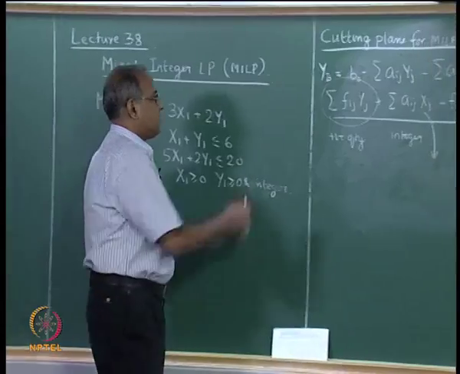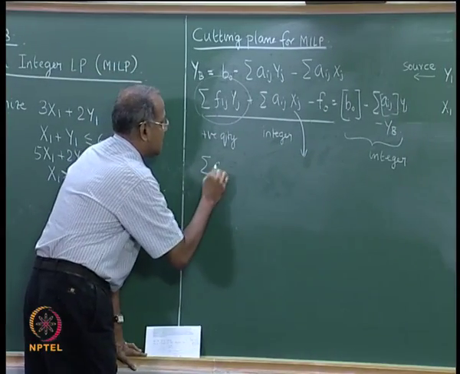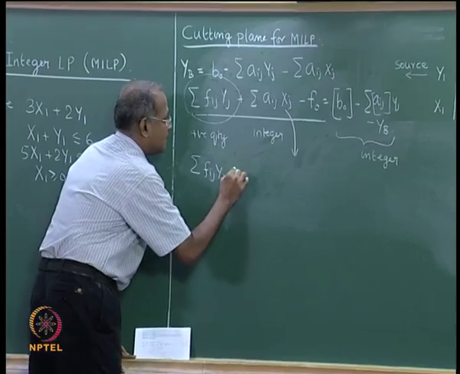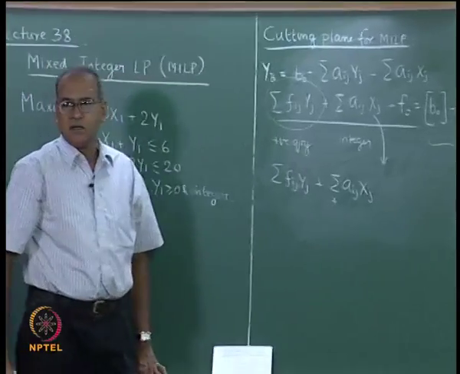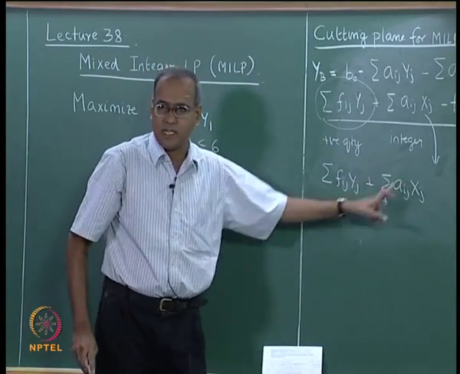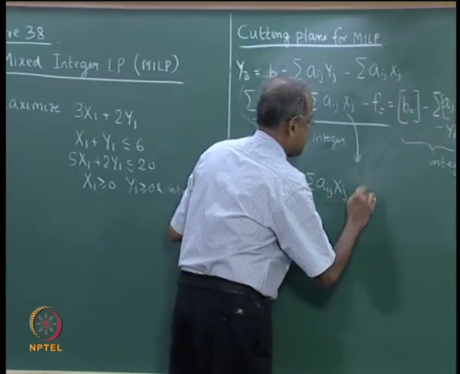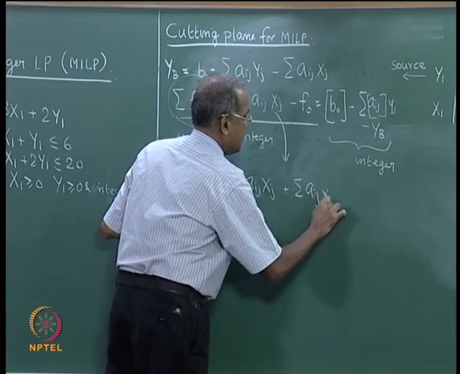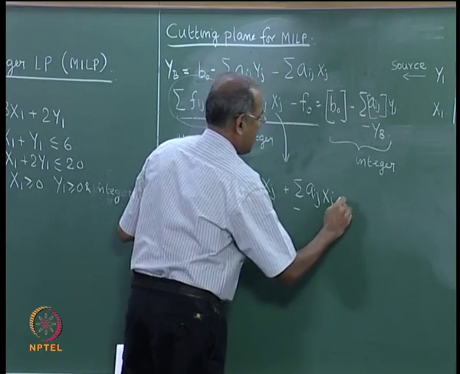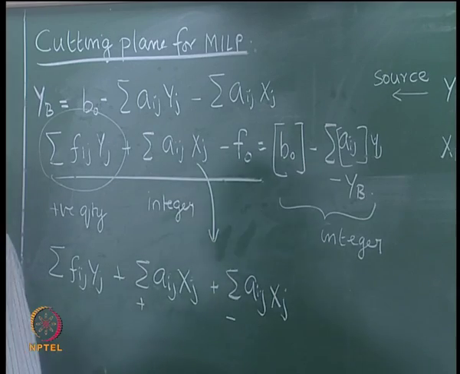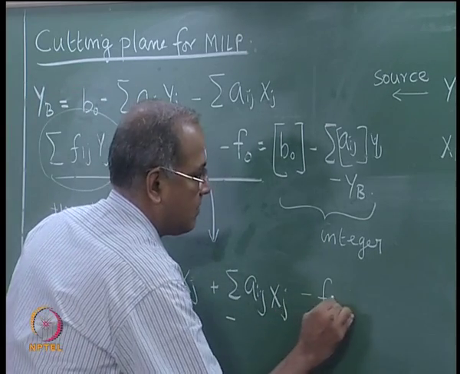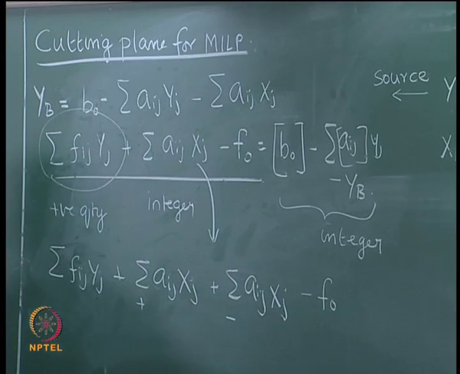So what we do now is we rewrite this as sigma Fij Yj plus sigma Aij Xj with a plus sign, indicating that these are positive Aij coefficients, plus sigma Aij Xj with a minus sign, minus F naught, is an integer.